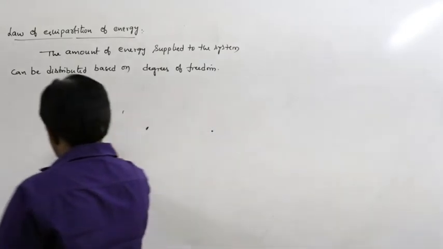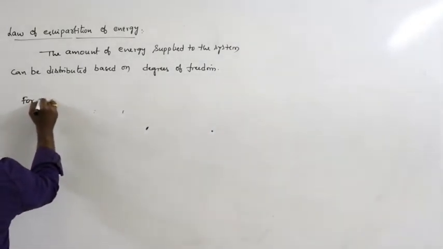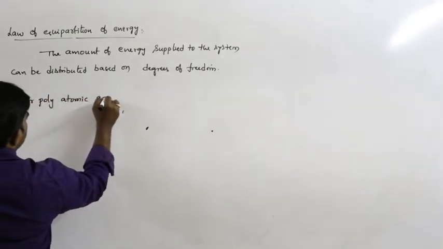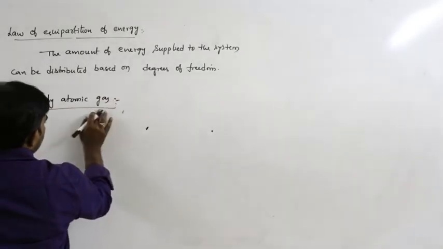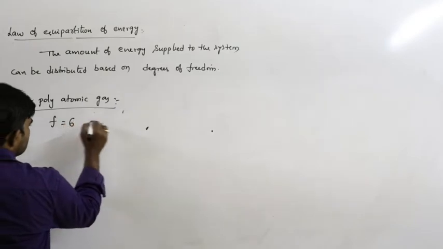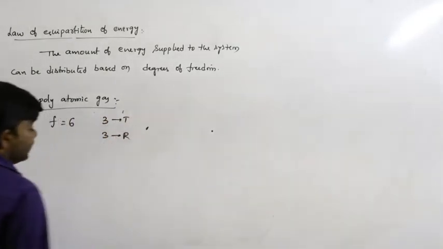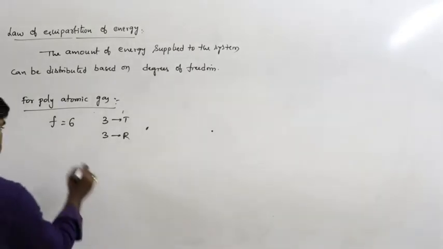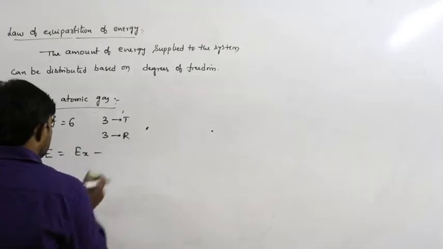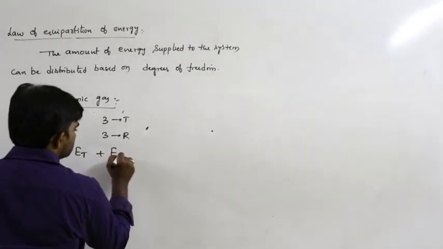Next, for polyatomic gas. For polyatomic gas, the number of degrees of freedom is 6. So that is 3 translational and 3 rotational. So the total energy supplied is utilized for translational motion and for rotational motion.